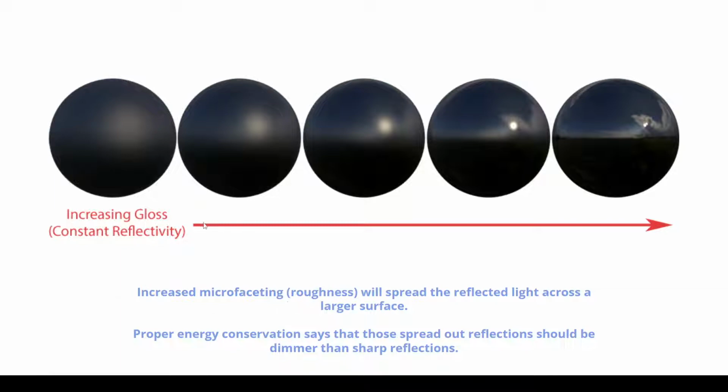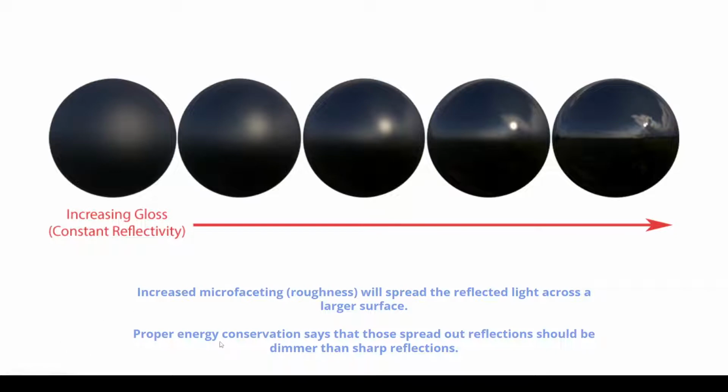So increasing the microfaceting or the roughness of our reflections means that the light is being spread out across a larger surface. The reflected light is the same exact amount of light over here and over here, but because it's a rougher surface, that little sun shape right there is being spread out over a larger surface area.